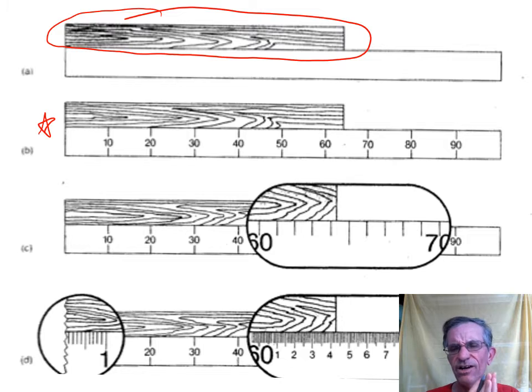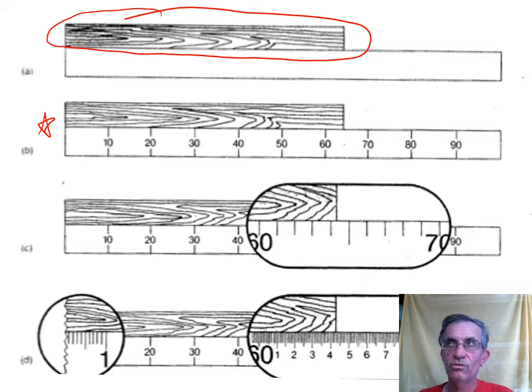So if I want to know how to read it, I have to take into account that this ruler isn't giving me a very precise answer. I can't say for sure how long this piece of wood is because the marks are so spread out. The first thing I want to do is figure out what the divisions are.